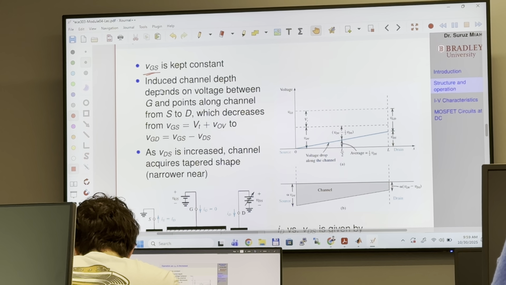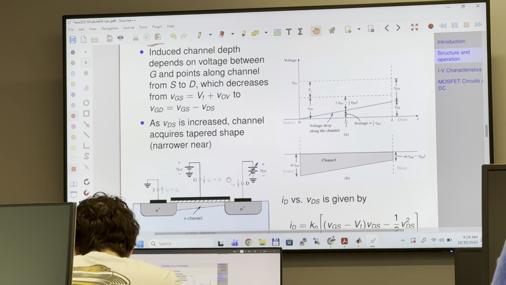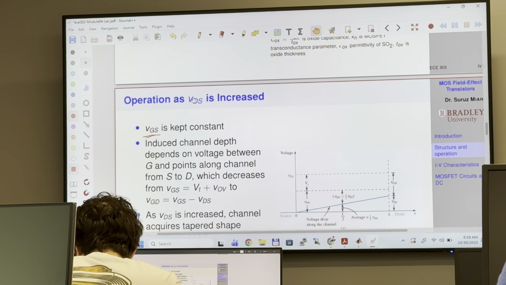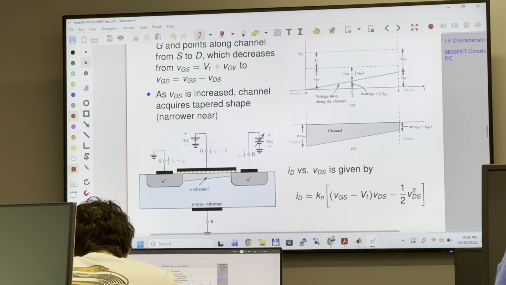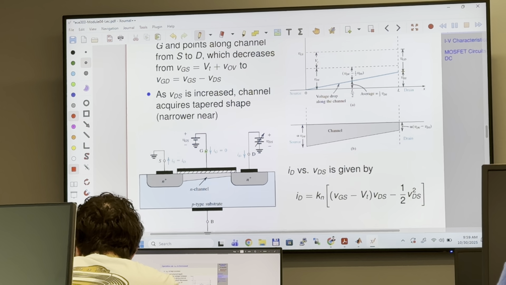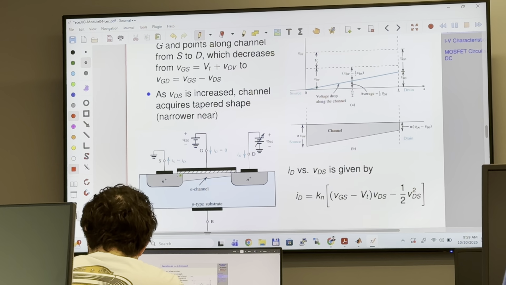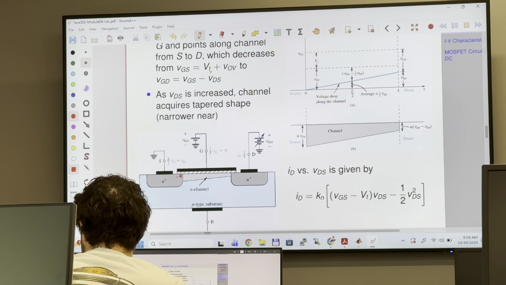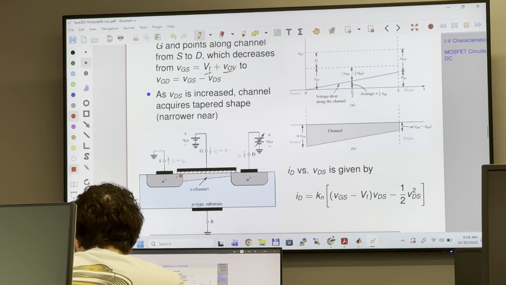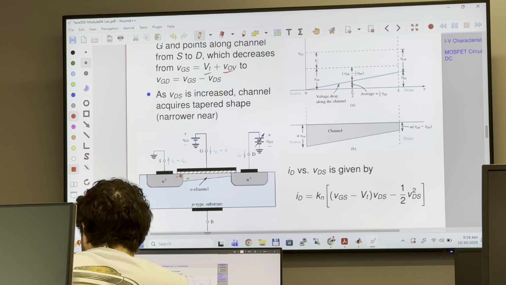Now what you will see, as you increase VDS, the channel length depends on the voltage between gate and points along the channel. So if you take the voltage between the gate and source, it is going to be your overdrive voltage plus the threshold voltage, because you need some charges, which will be controlled by the overdrive voltage, which is the difference between gate voltage and threshold voltage.